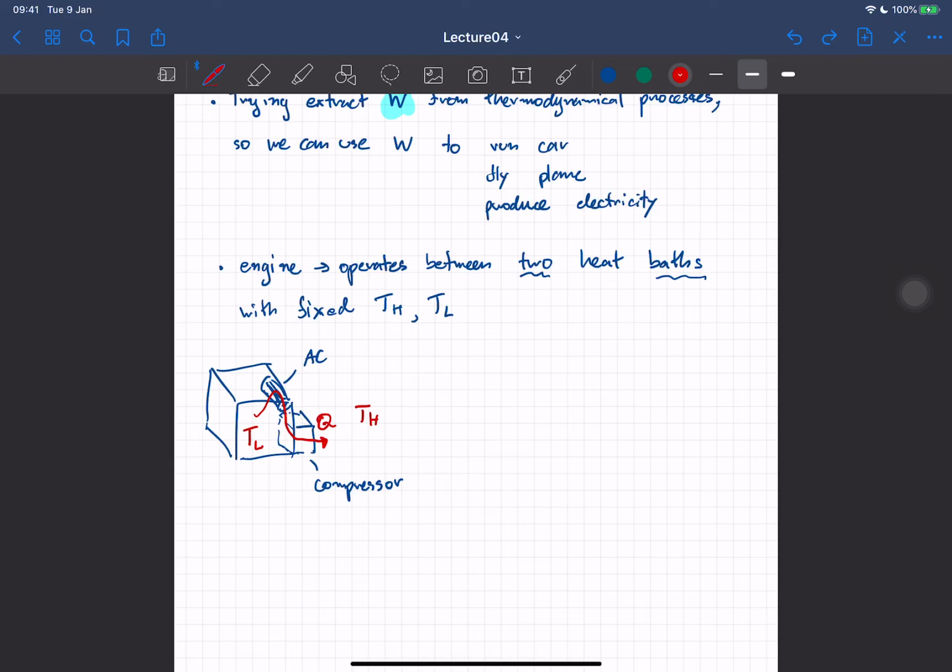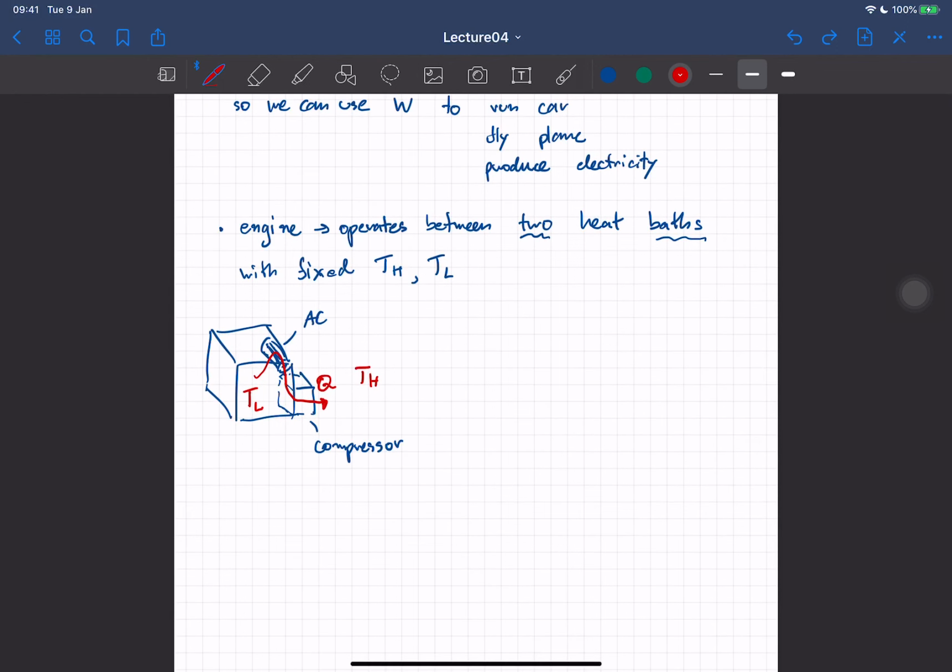For example, the outside temperature, right? No matter how much heat you get from the outside, it is not going to get any colder, because what we are talking about here is the air of the whole country, right? That's a lot.